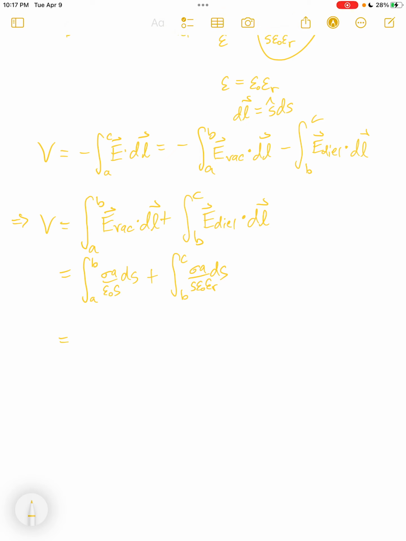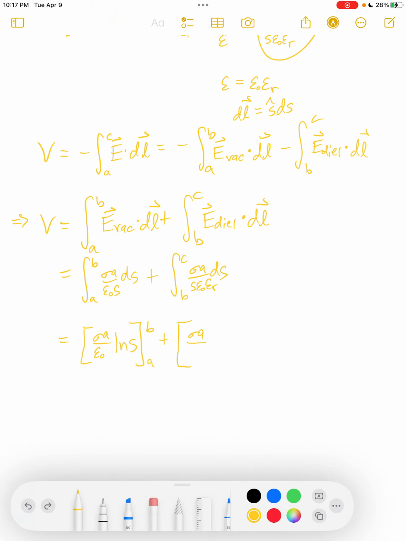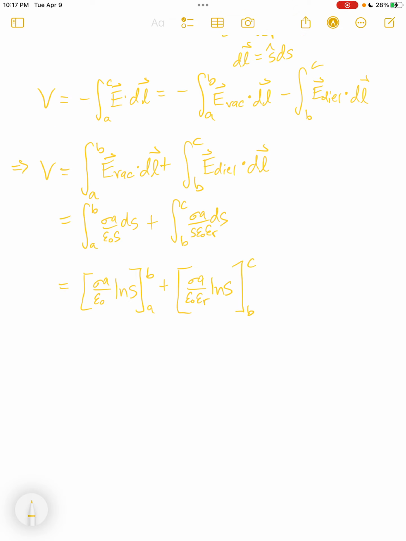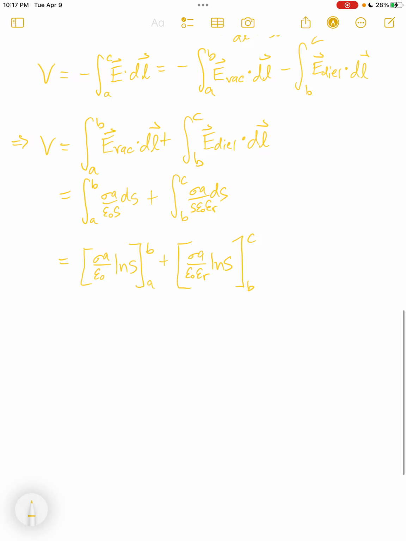I'm going to get a natural log out of both of these. It's going to be sigma A over epsilon 0 ln s, evaluated from A to B, plus sigma A over epsilon 0 epsilon r ln s, B to C. There we go. This is correct, this is what we have.